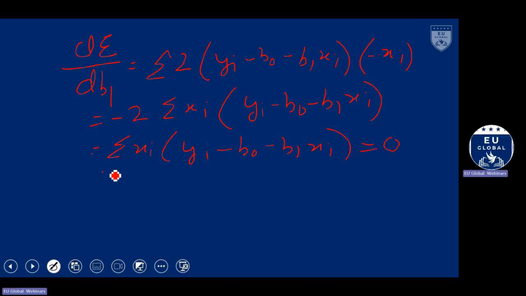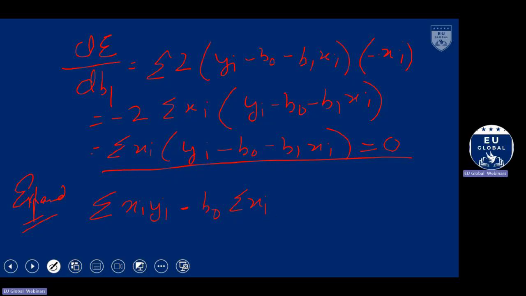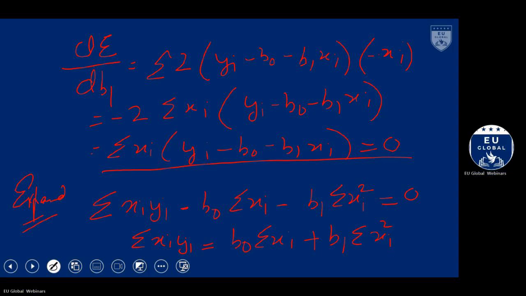When we expand this, we get summation of xi yi minus beta naught summation of xi minus beta 1 summation of xi whole square is equal to 0. So this becomes summation of xi yi is equal to beta naught summation of xi plus beta 1 summation of xi whole square, right?